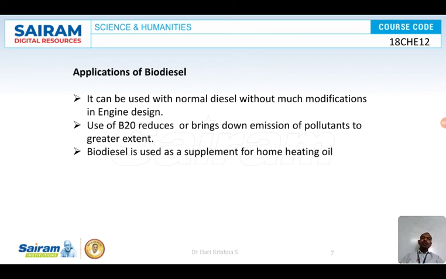Usually B20 is used in almost all eco-friendly vehicles. If you use B20 itself, it brings down emissions to a great extent. Biodiesel can also be used as a supplement for home heating oils. These are the applications of biodiesel.